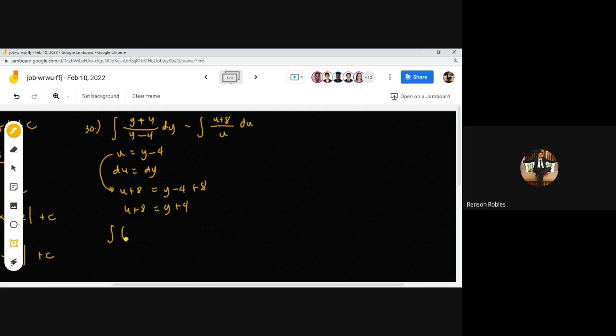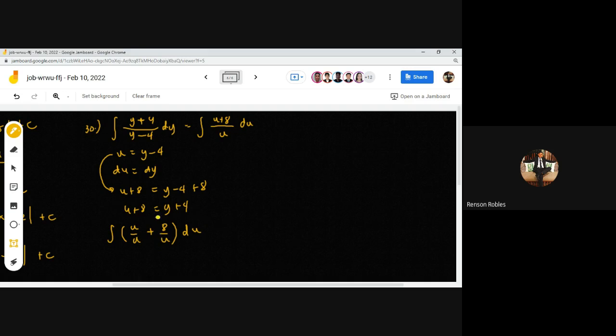Integral of, you distribute u to each term on the numerator, u over u. Actually, this is a special technique. I just noticed it, that's why I can't help but mention this to you. But the next method is the one applicable for this form.